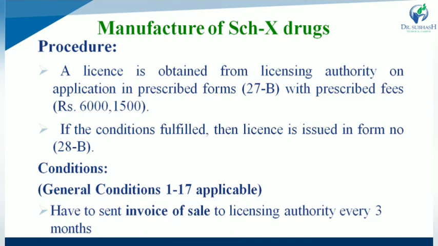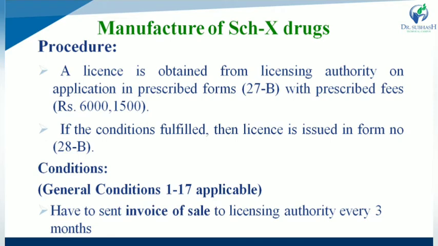First, in the procedure, a license is obtained from the licensing authority on application in prescribed Form number 27B with prescribed fees, that is around 6,000 and 1,500.